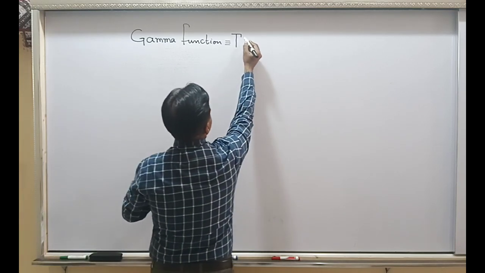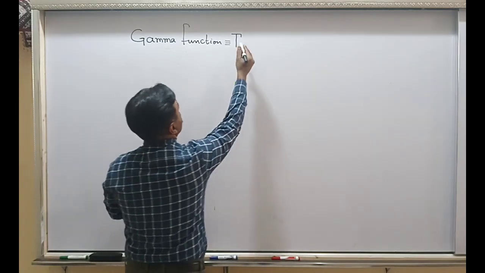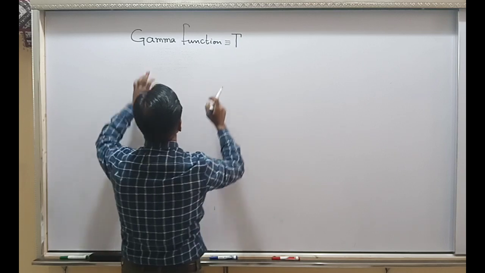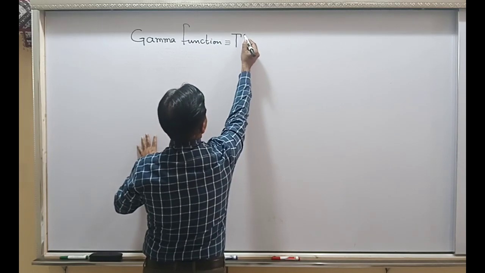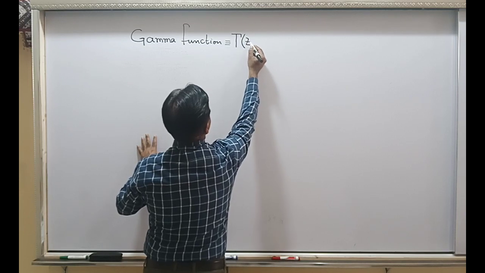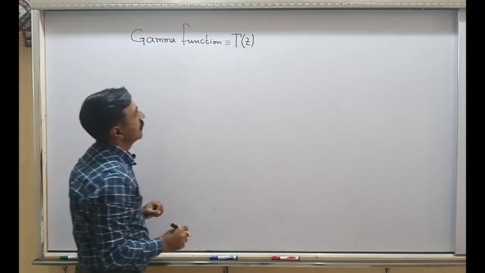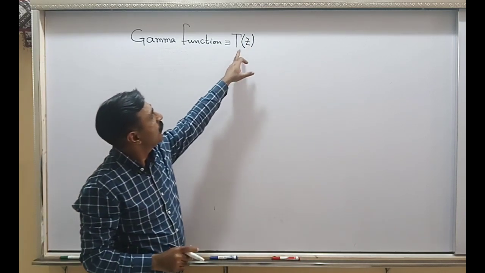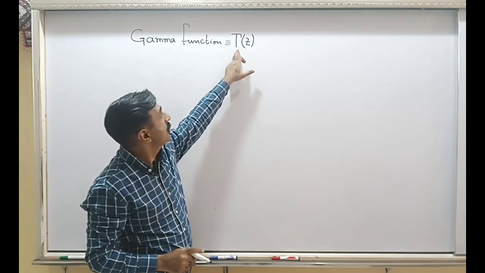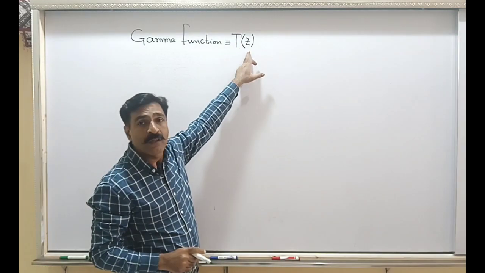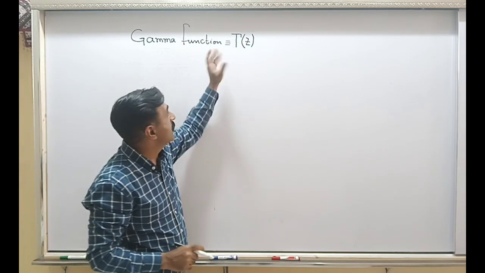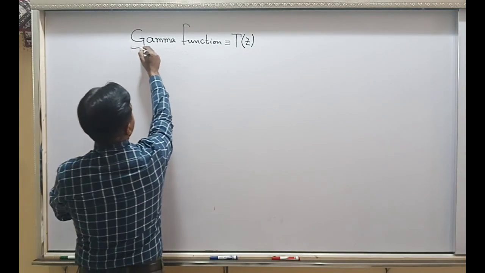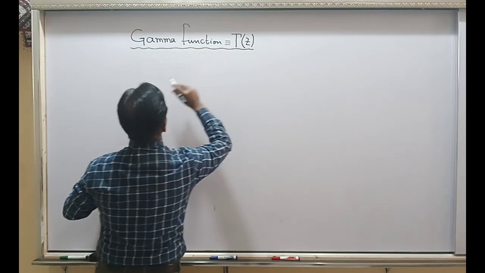This is the symbol for gamma function, and the word gamma for the function is because of this symbol, and this is a function of some variable z. So whenever you come across this symbol gamma z, you would mean it's a gamma function. Let's start its first definition.